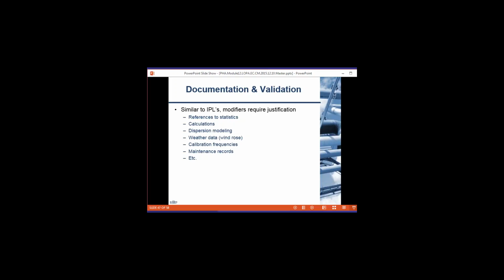On the same note, weather data. You want to have supporting documentation. If your team says that for this 1 month we're going to be at 120 degrees Fahrenheit, well, then you should have weather data to back that up, that it's not the same thing in the subsequent month or the preceding month. Calibration frequencies, maintenance records, like I said, similar to IPLs, anything that is going to justify your tempering of those event frequencies.